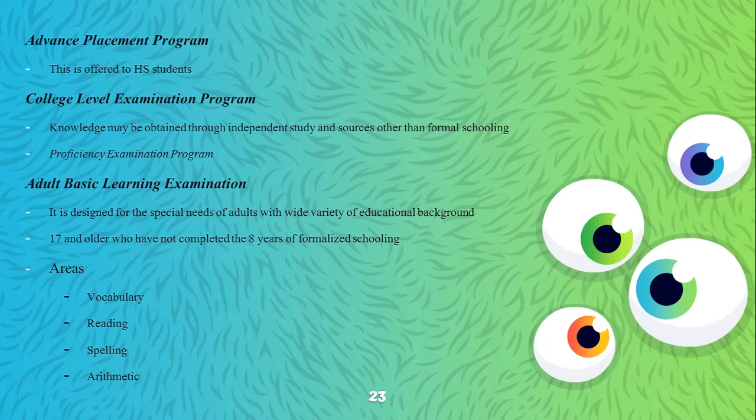Another example of a program is the College Level Examination Program. Knowledge may be obtained through independent study and sources other than formal schooling. So achievement tests in college can also assess whether a college student really needs the credit given by the advanced placement program.